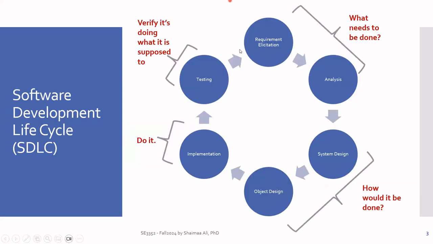Also, a reminder of the software development life cycle. The first group of activities here aim at finding out what needs to be done. So we're still here. We talked about elicitation last week. Now we are going to talk about the analysis, but we're still trying to figure out what needs to be done.